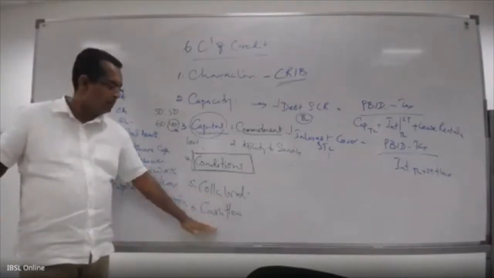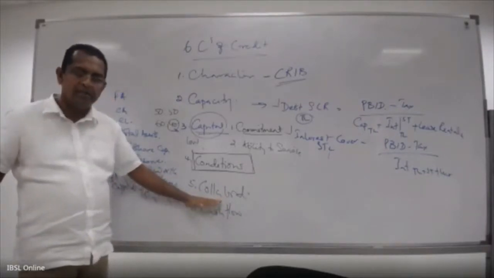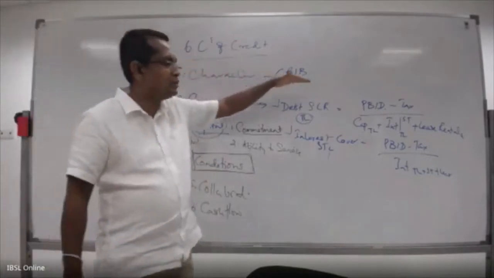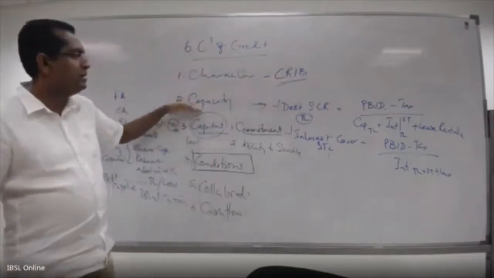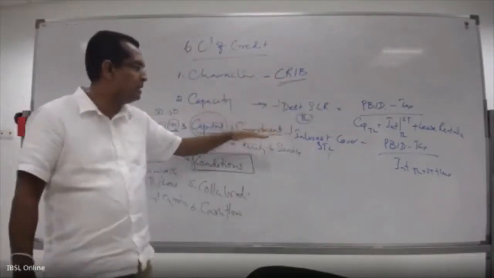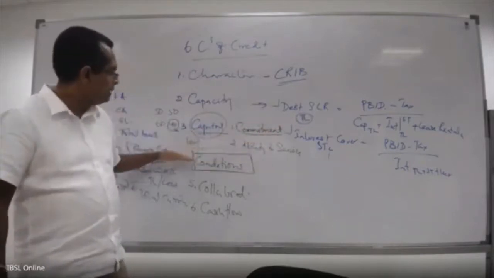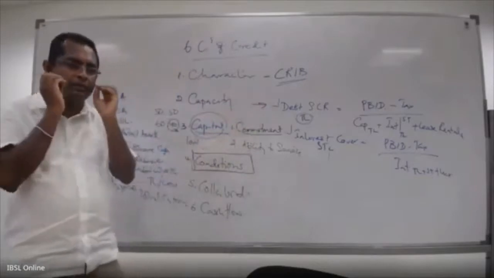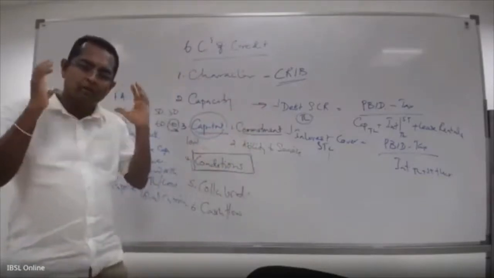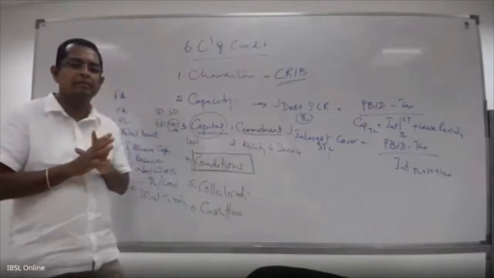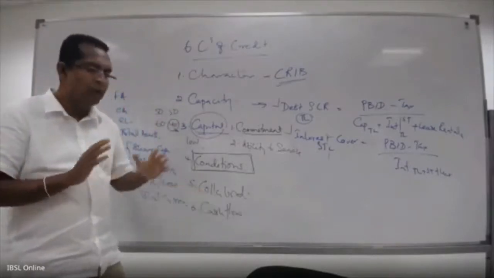Right? This is the 6th. Character is the willingness to pay. Capacity is the ability to pay. Capital is the commitment and ability to pay. Condition is the general environmental condition where the business is in, or the macroeconomic condition of the industry this subject business is in. Collateral is the second way out.